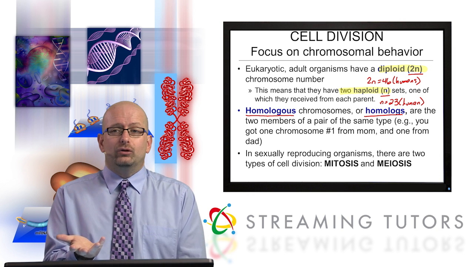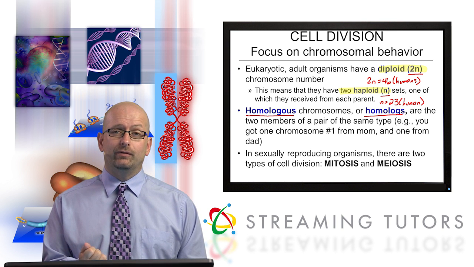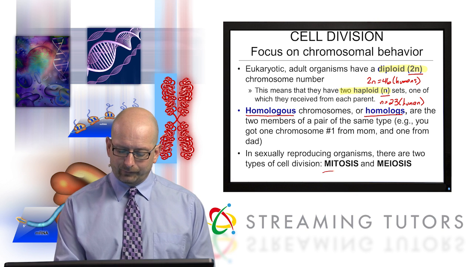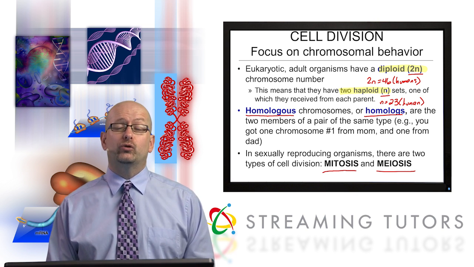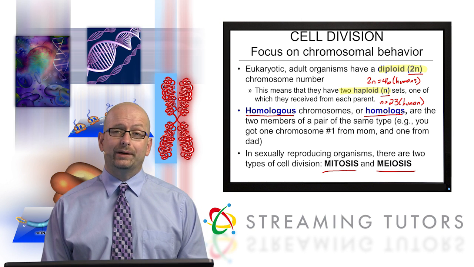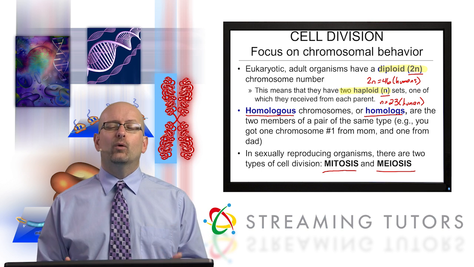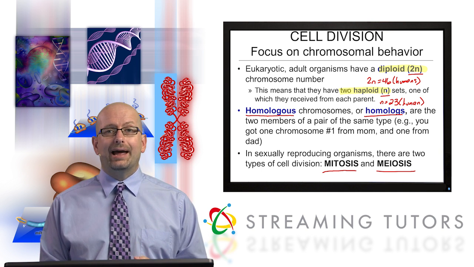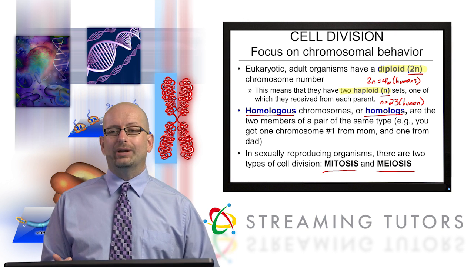So let's use again humans as an example. There are two fundamental types of cell division, those being mitosis and meiosis. Some think it's a little bit unfortunate that the words sound so similar to one another, but that's sort of what we're stuck with. So before we get into the mechanics of what happens, let's talk about the rationale behind and the difference between mitosis and meiosis.